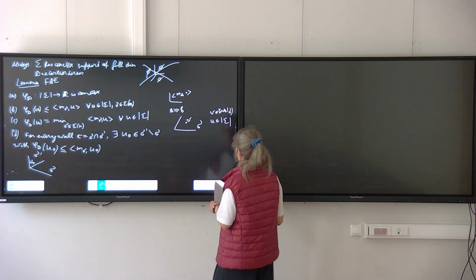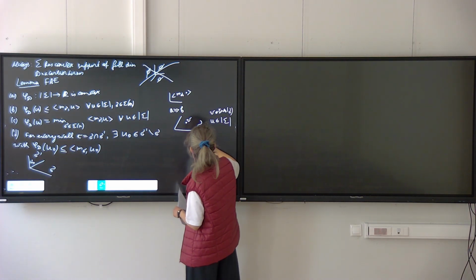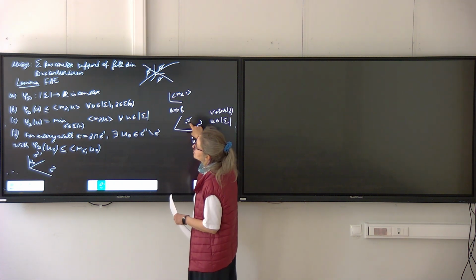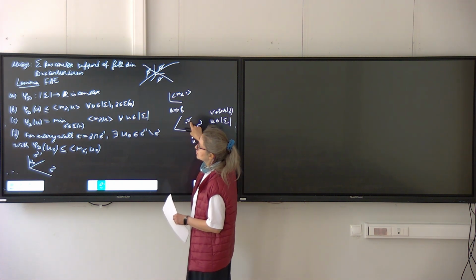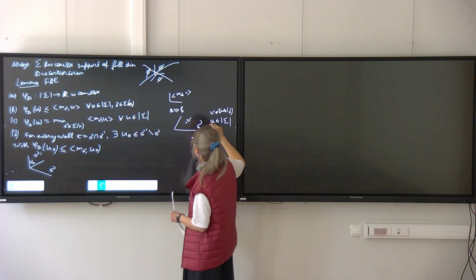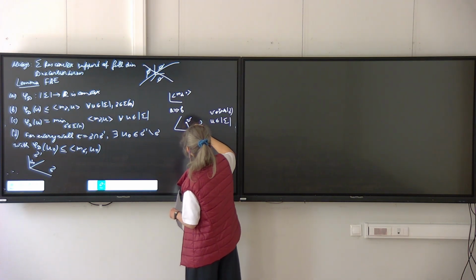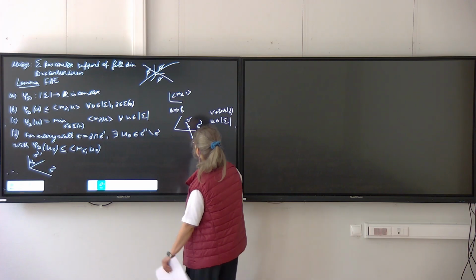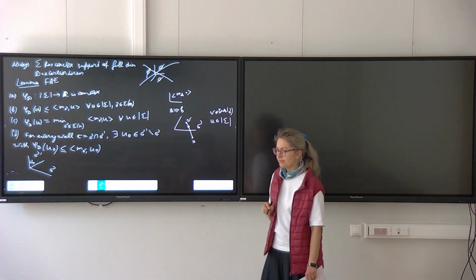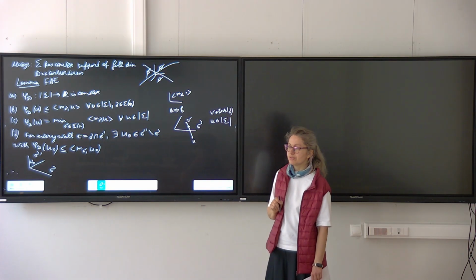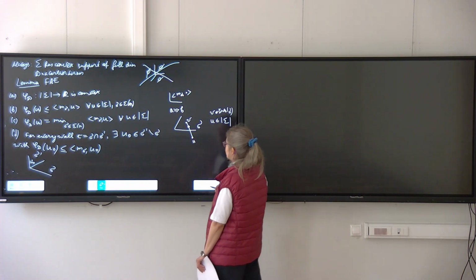Then, if u is in this cone, there is nothing to do. It is equal to m sigma u. If u is somewhere here, at this segment, there is a point close to v. So it will be close to v, so it will be in the interior of sigma.